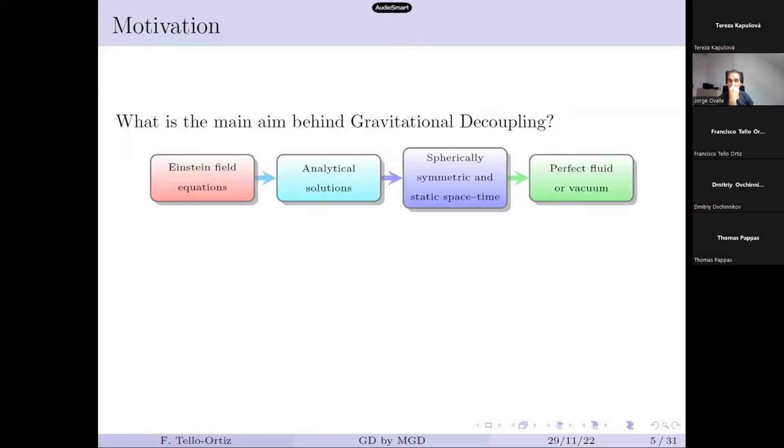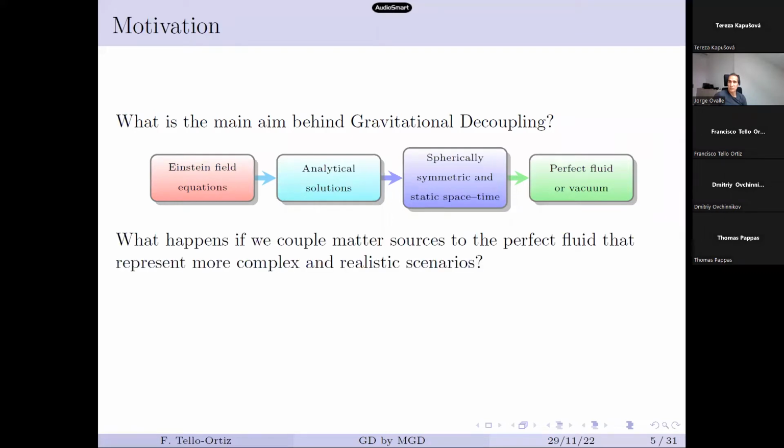As you know, sometimes if you are looking for some analytical solution to the Einstein field equations, this is not an easy task, okay? We know that the Einstein field equations are a quite complex system of non-linear partial differential equations. And even if you are, for example, assuming that the space-time geometry is the most basic one, for example, spherically symmetric and static, and also if you are assuming a perfect fluid matter distribution or a vacuum space-time, it is not easy to solve these field equations.